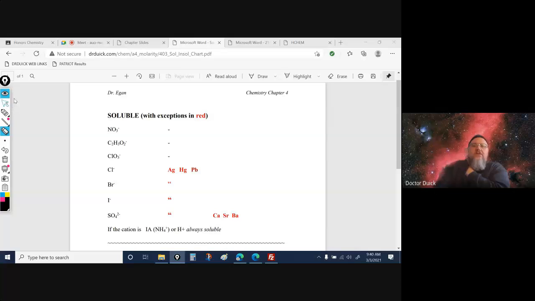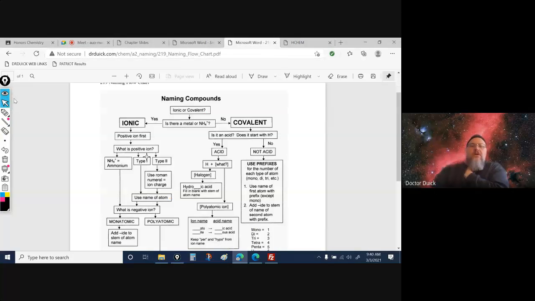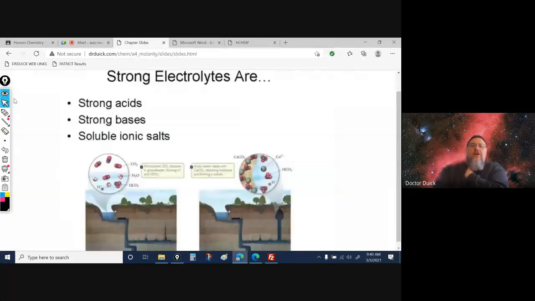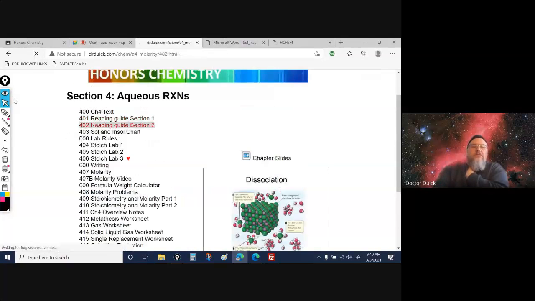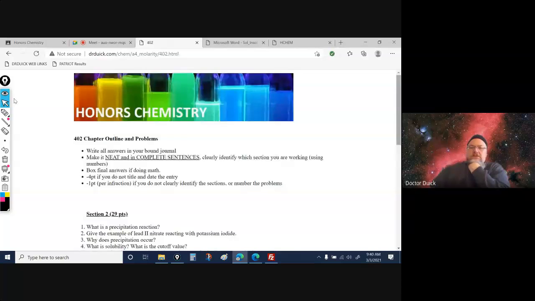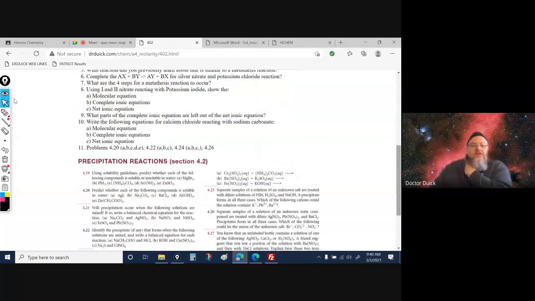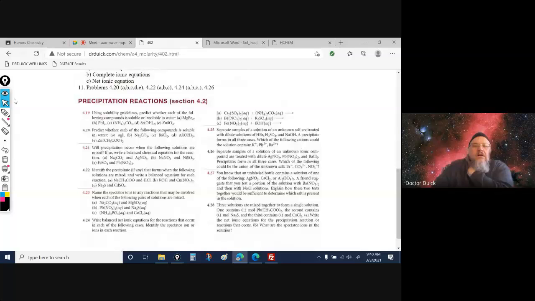So let's go to, is this it? No, I don't want that. This is 402. Using the solubility guide, predict whether each of the following compounds is insoluble or soluble in water.